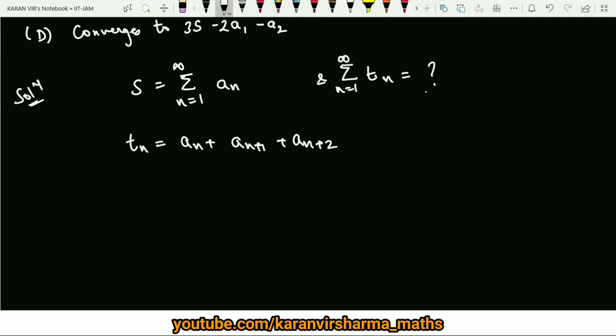Okay, so if I take summation on both sides, n running from 1 to infinity, on both sides, it will be n running from 1 to infinity of all these three terms.